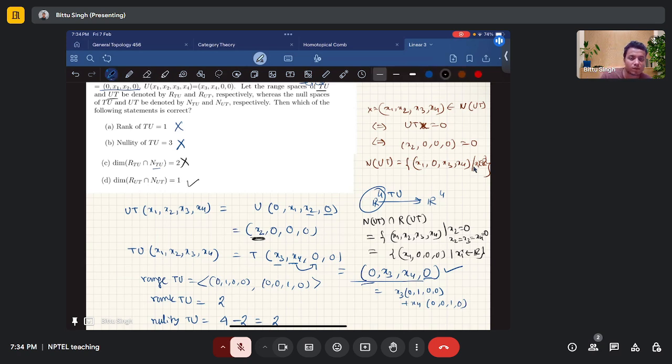From here you can observe that the null space and range space may intersect. It is not necessary that the null space and range space do not intersect. They may intersect.